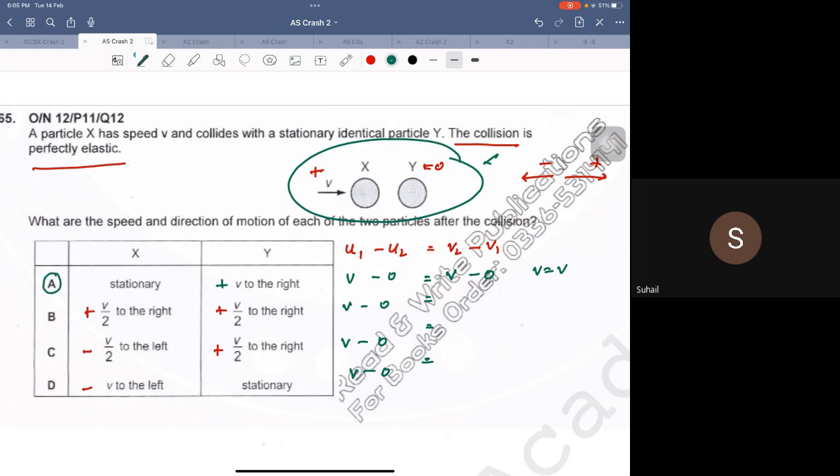Okay, then check this one, please. Next time it's going to be V2 and minus V2. So this cancels out. This is like completely inelastic, 0. So one is V equals to 0. That's fine.